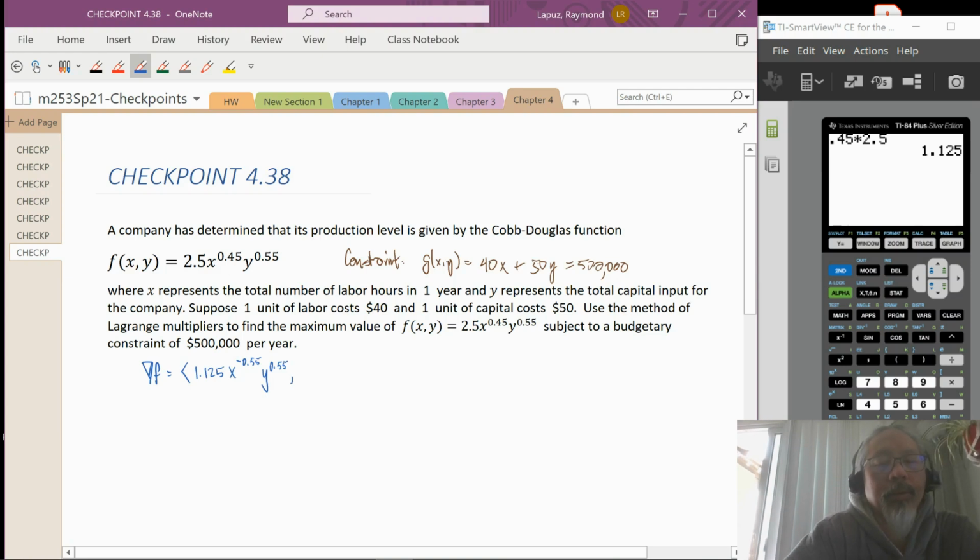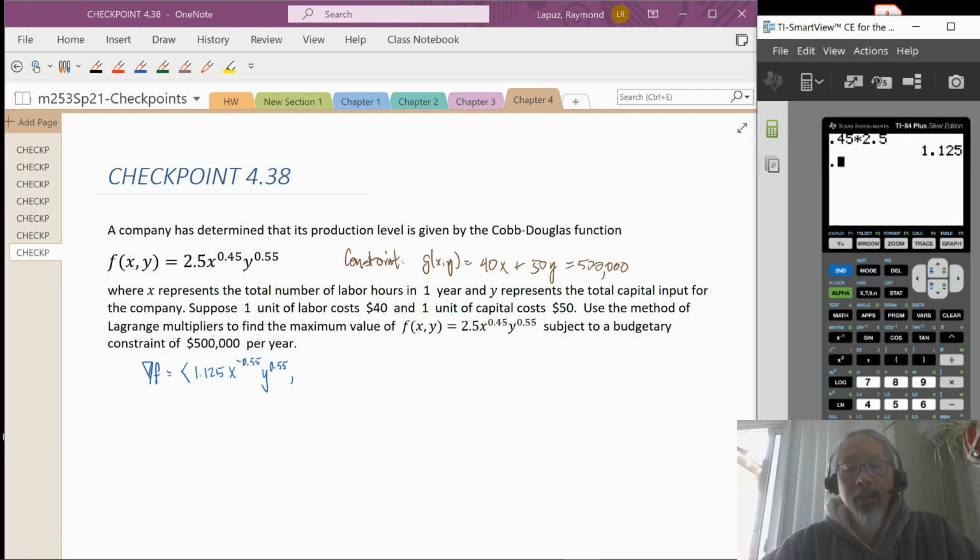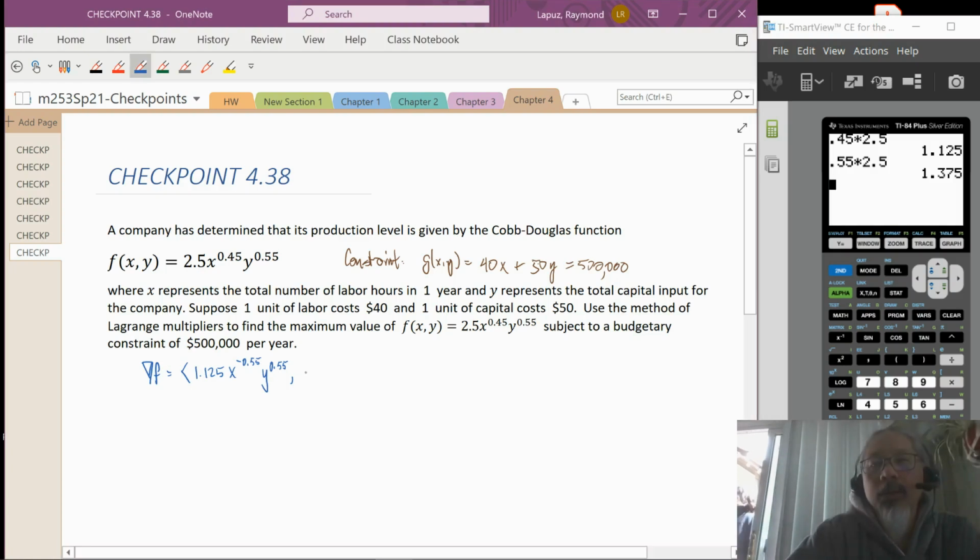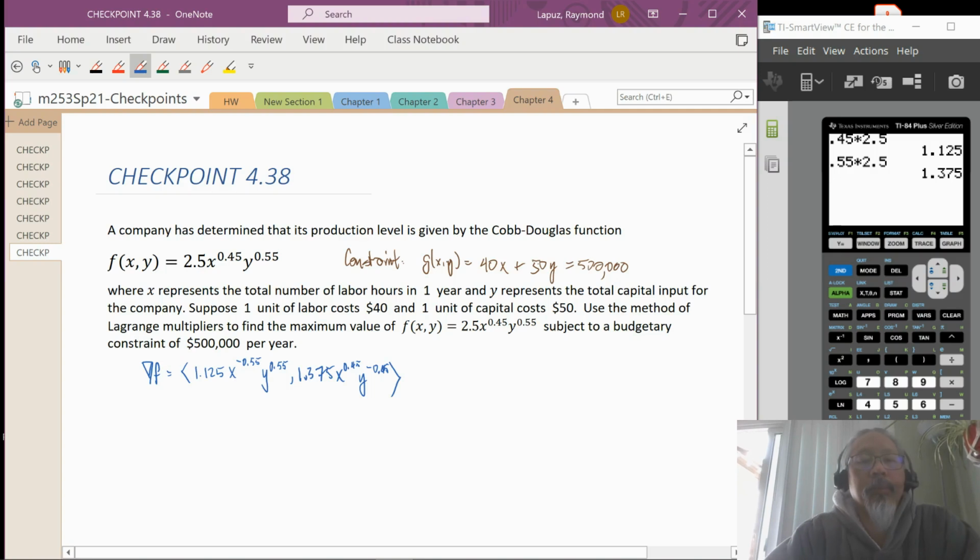Okay, next we're going to take the derivative with respect to y, but this time it's going to be 0.55 times 2.5, and that's going to give us 1.375 x to the 0.45, and we're going to subtract 1 from the power, that's going to give us negative 0.45.